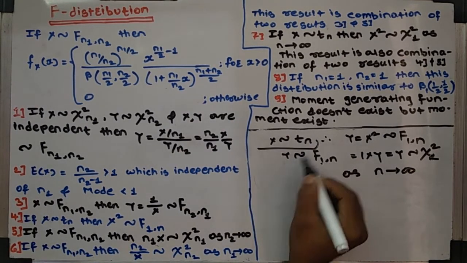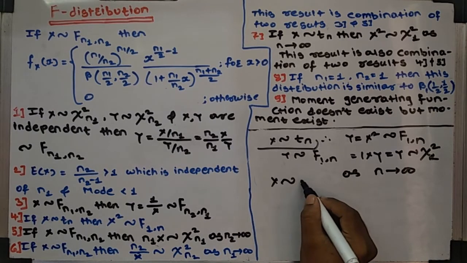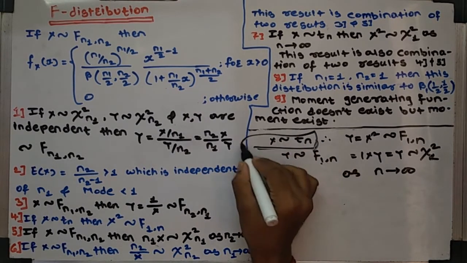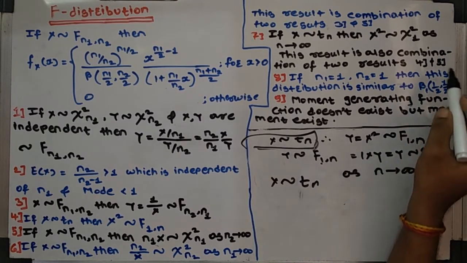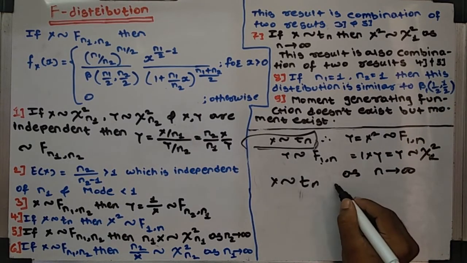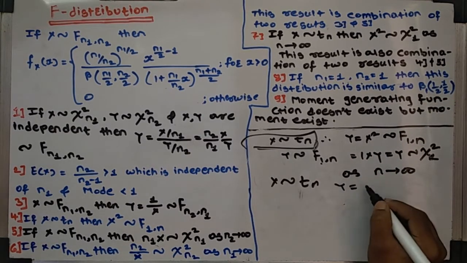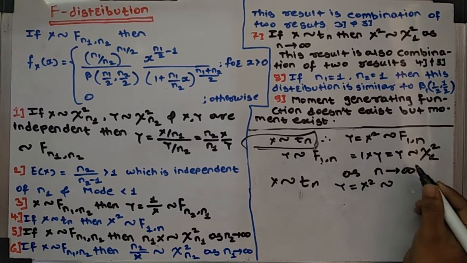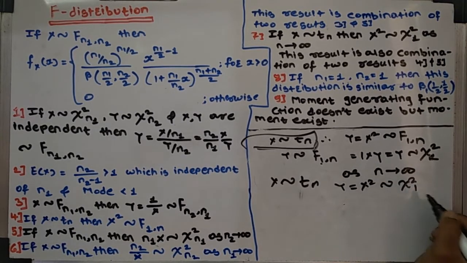This implies that if x follows t with n degrees of freedom, then by results 4 and 5, y, that is equal to x square, follows chi-square with 1 degree of freedom as n tends to infinity.